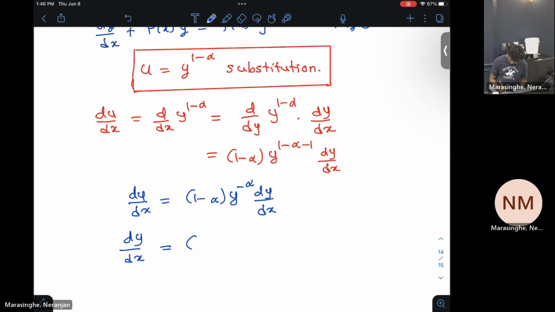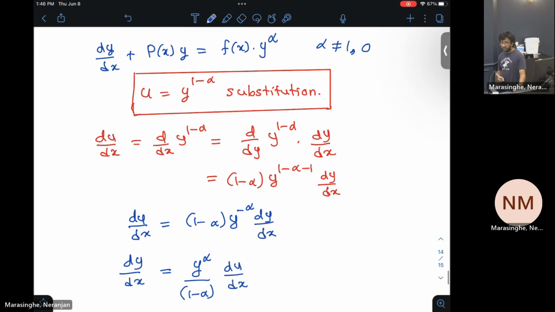That is y to the power alpha divided by (1 minus alpha) times du/dx.